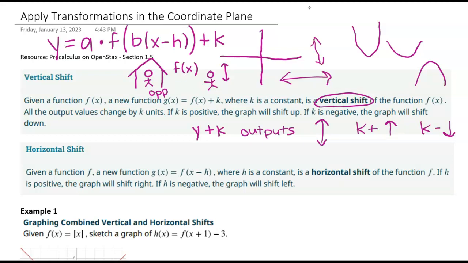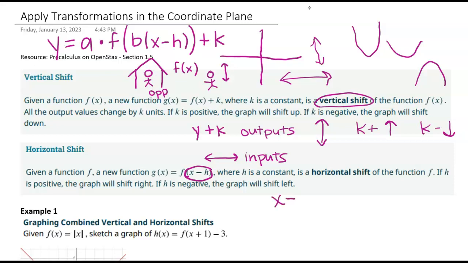If you have a number that you're adding or subtracting inside the function, well, then that's with your x's, that's going to affect your inputs. Now, there are some mathematical reasonings that you can go through to think about why this is true, but notice the text here says if h is positive, then the graph will shift to the right.